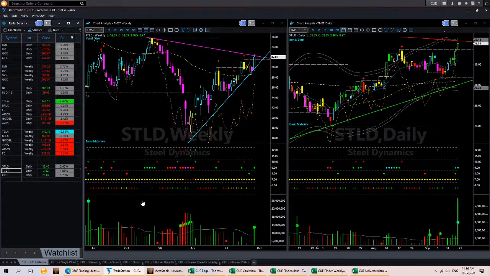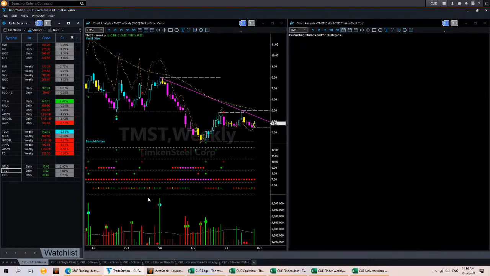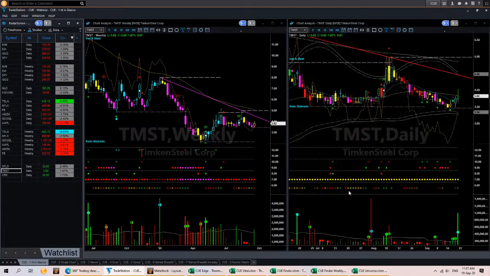Next steel stock, TMST. This is a stock that I wouldn't buy in the recent period, because the weekly is not looking so bullish. I have the tendency to buy stronger stocks if they are in the same industry, and TMST doesn't look so strong as the other two we saw, SXC and STLD, so I wouldn't try to buy TMST.